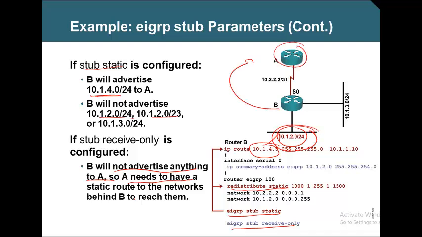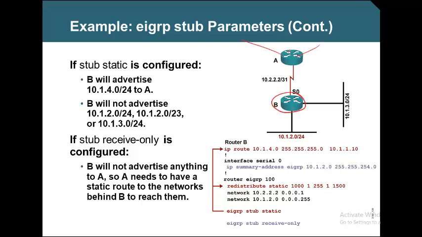You see, B can reach all the networks behind A because A advertises, B is only not advertising anything. B is configured to act as a stub, receive only. So B will have routes to reach all the networks behind A.